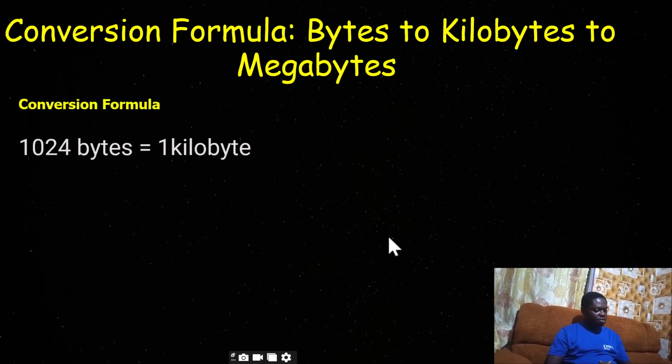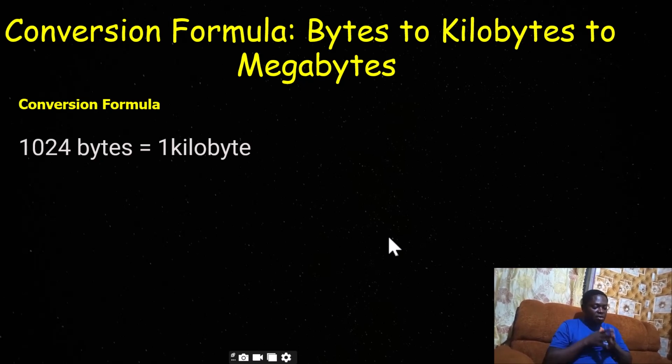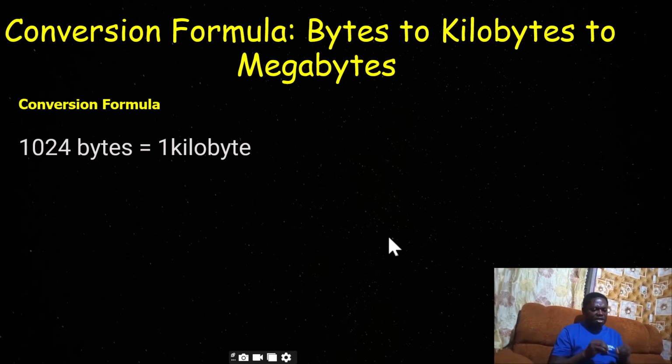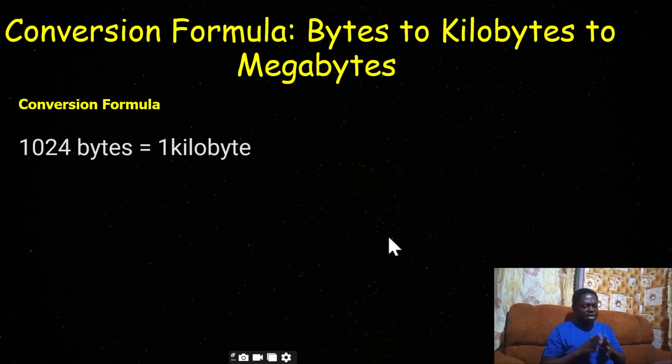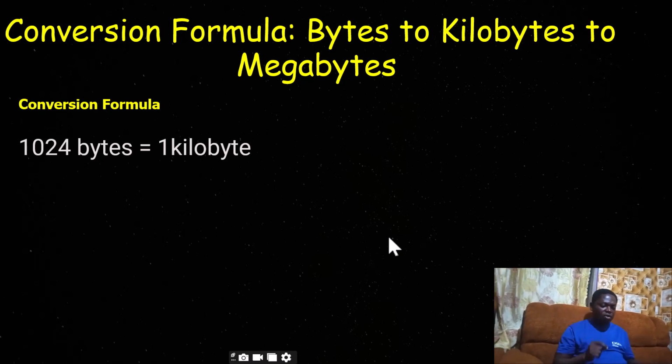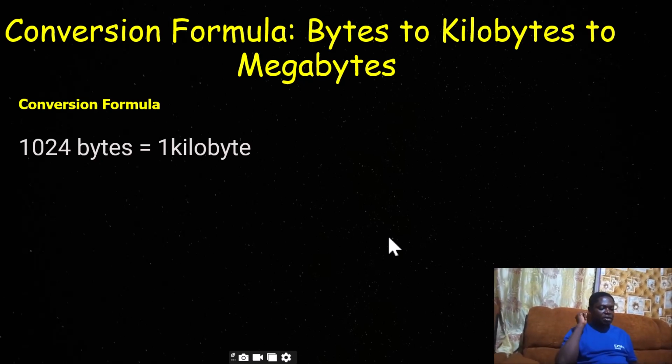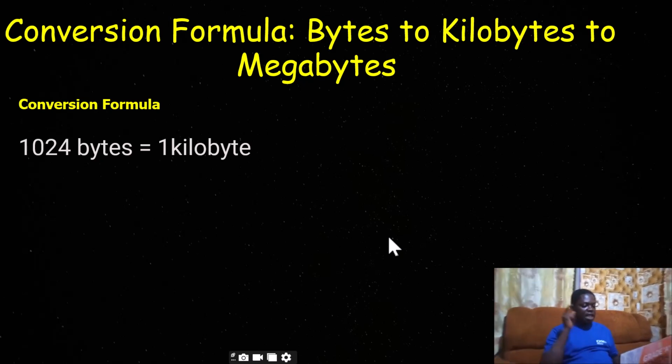The basic thing we need to understand here is that 1024 bytes makes 1 kilobyte. Mind you, we made mention that 1000 means kilo, but here in ICT, the specific thing you need to grasp is that when we say kilo, it doesn't mean exactly 1000. It is 1024.